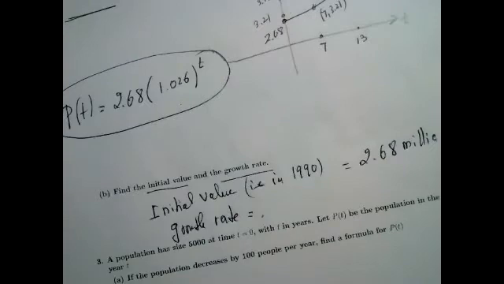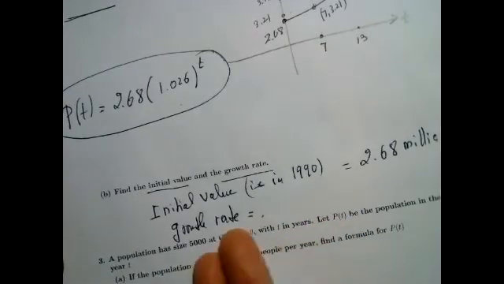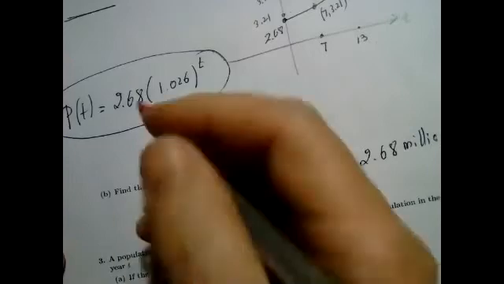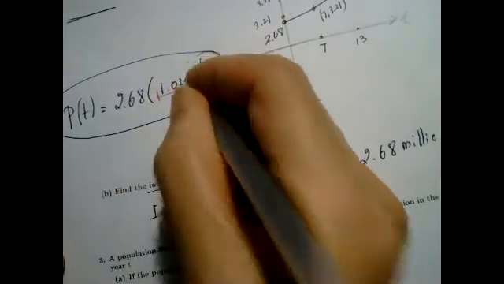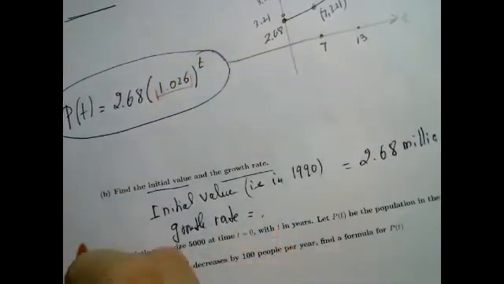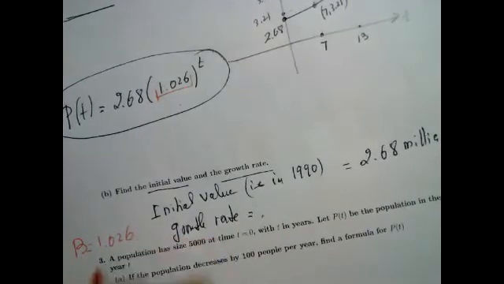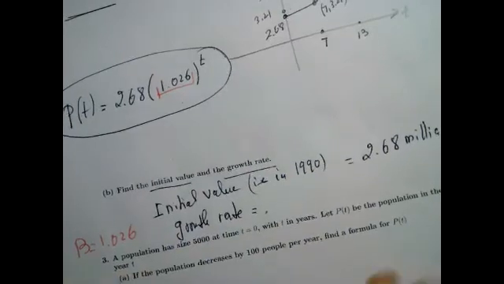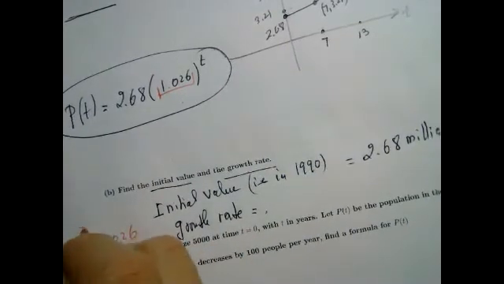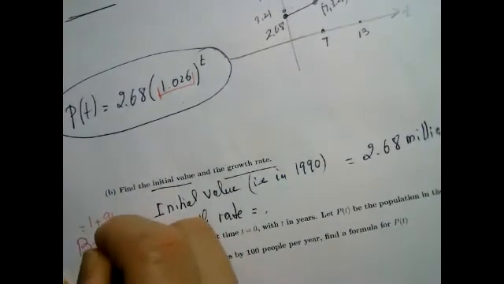What is the percent rate? According to what we found, that's really the idea. We did not know by what percent the population was growing. That's the growth factor. So here we have B, which is the growth factor, 1.026.